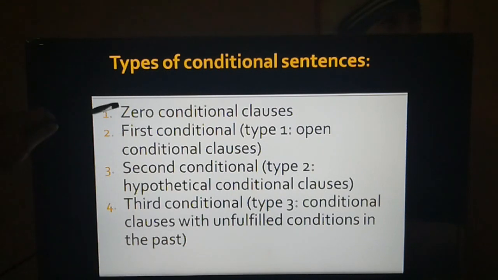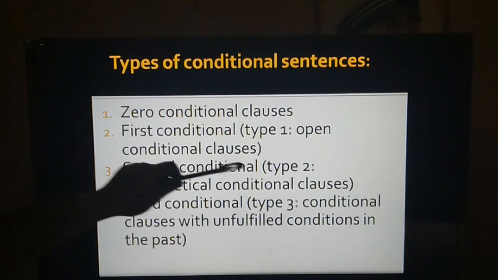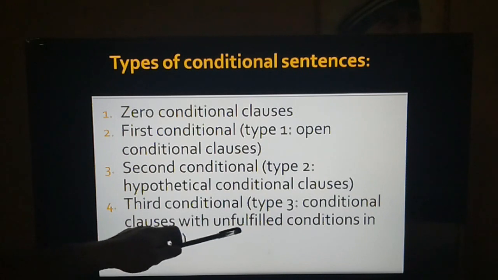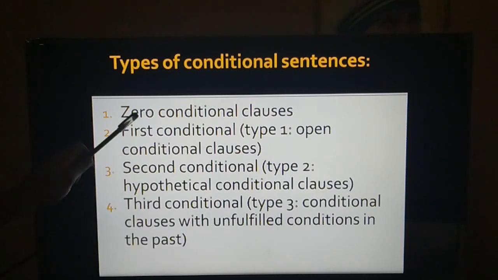You might have studied the last three in previous years, but the zero conditional you might not have heard of or studied. So today we will see what the zero conditional clause is as well.